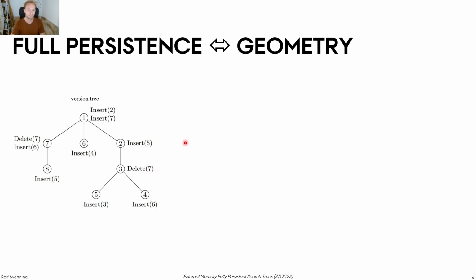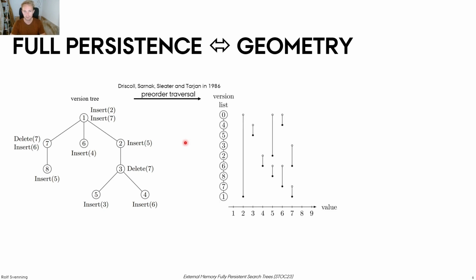So how does this geometric interpretation look? Well, you get a bunch of vertical segments in the plane. On one axis you have all the elements ordered by their value, and on the other axis you have the version list. Crucially, this ordering is less obvious. This ordering here in fact corresponds to a pre-order traversal of the version tree.